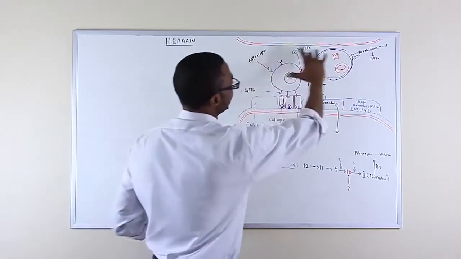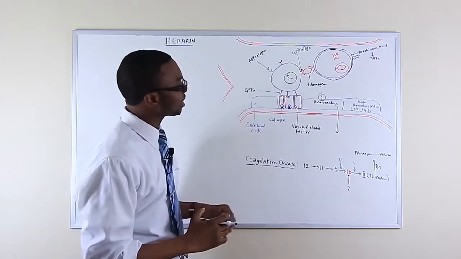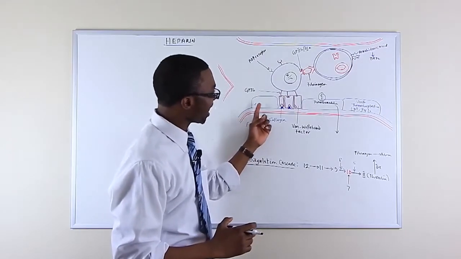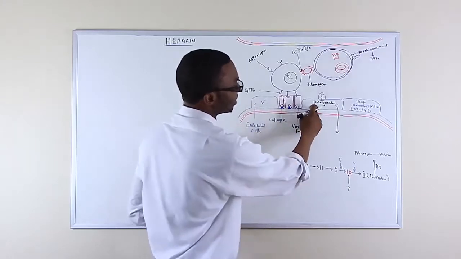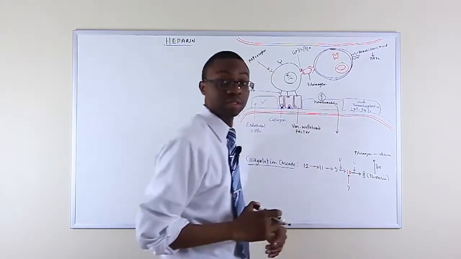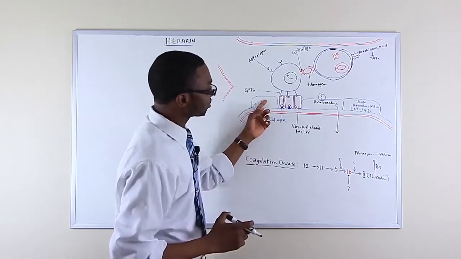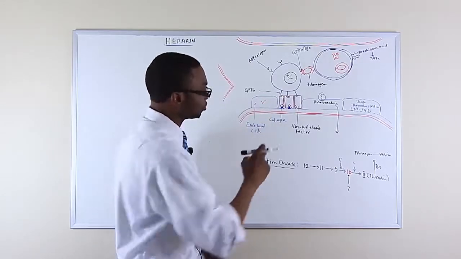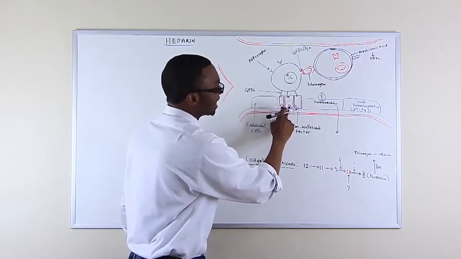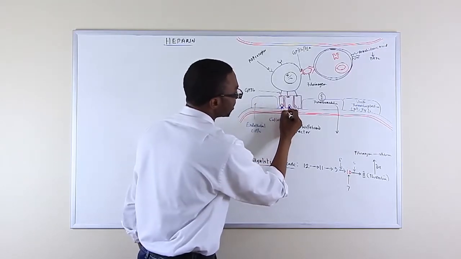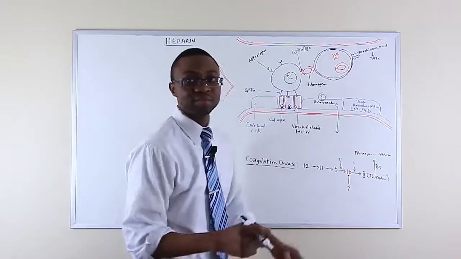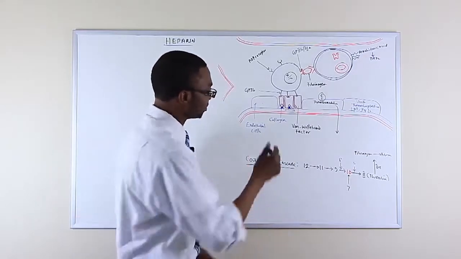So this is a blood vessel, and inside the blood vessel are endothelial cells. This is an endothelial cell, that's an endothelial cell, this is an endothelial cell. Now, endothelial cells have a lot of things they can do. But when there's damage to an endothelial cell, you expose the basement membrane, and in the basement membrane there is collagen.